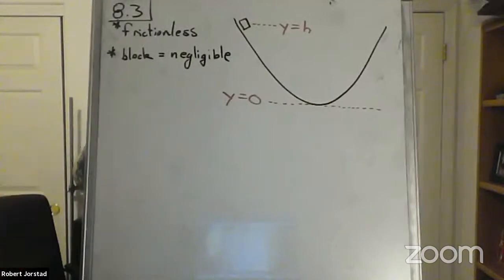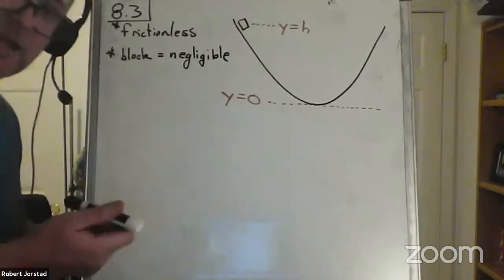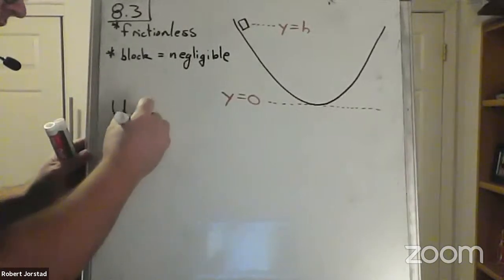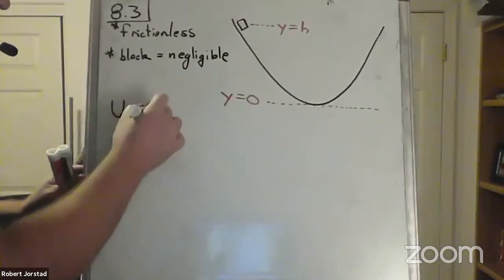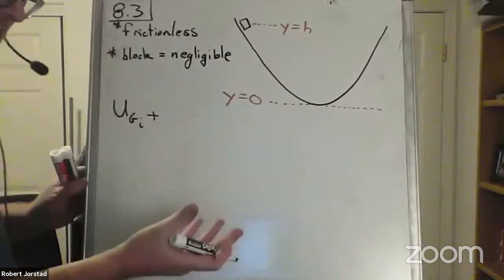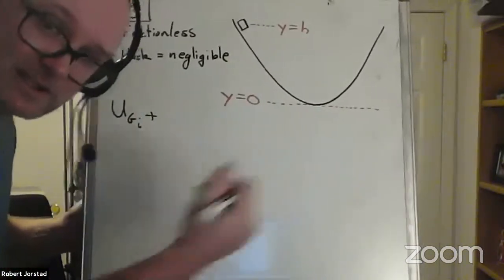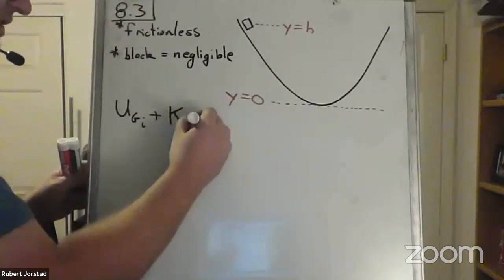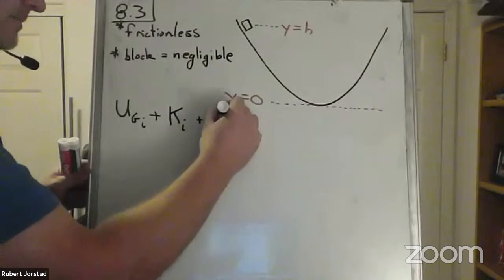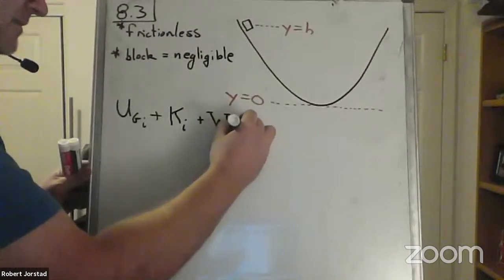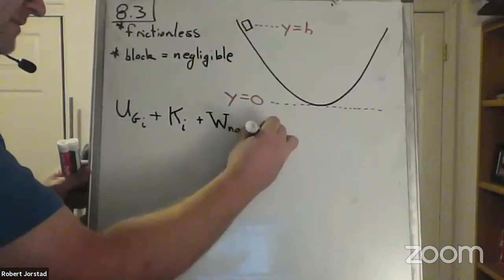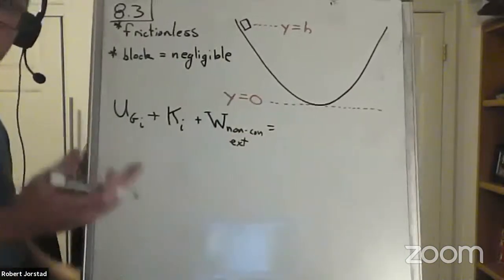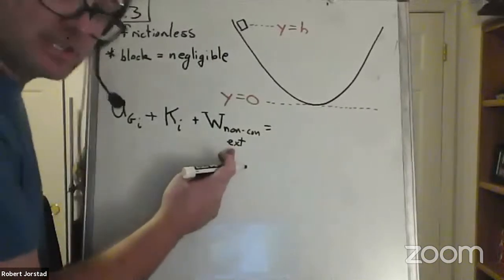Okay, so now in this case, I'm going to write down my equation. I've got some energy associated with gravity initially. Do we have some energy associated with the spring? Wait, there is no spring. Sweet. There's some kinetic energy initial, plus, now we know that in many problems, it's possible for energy to leave our system.